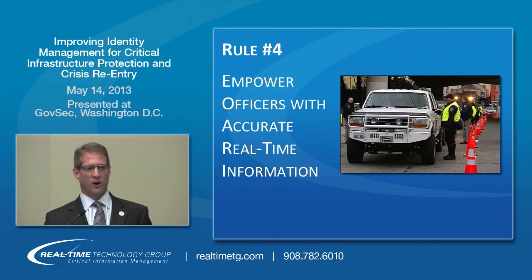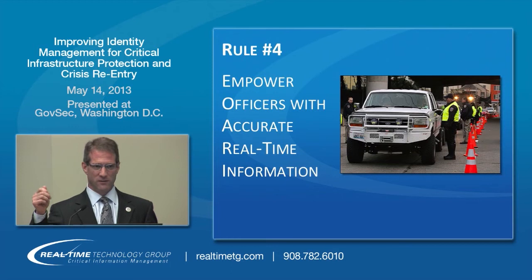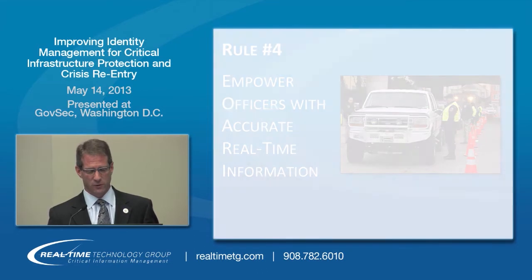Our fourth rule is to empower our officers, our emergency responders, with accurate real-time information that's not on the card. My 12-year-old son could make any of the IDs that I carry and am issued by government authorities, and they'd look pretty darn good. They may not have the security features that are invisible to the eye that the real ID has, but in a flash and pass program, he'd get through nine out of 10 times.